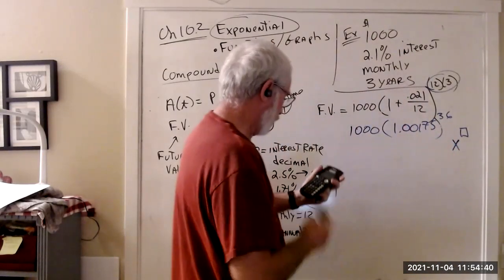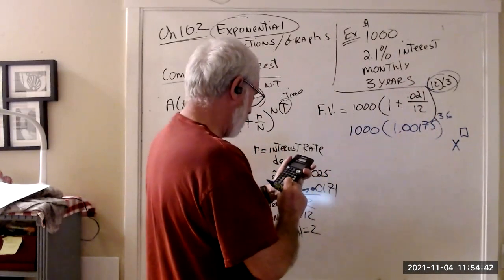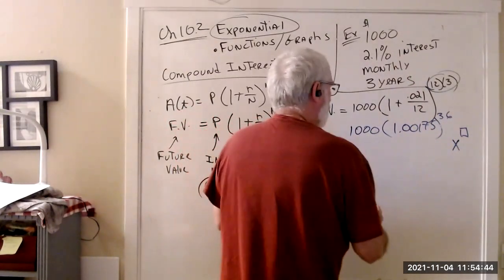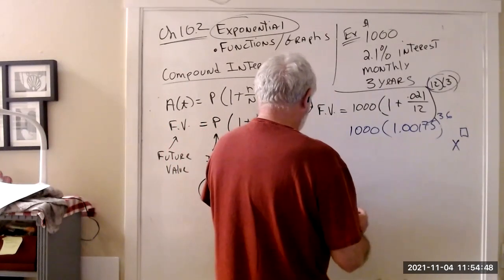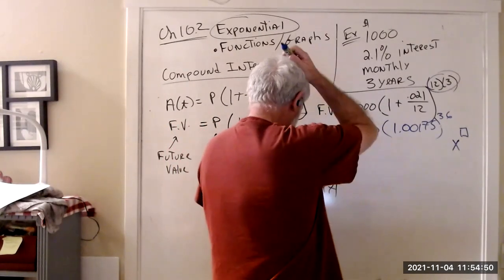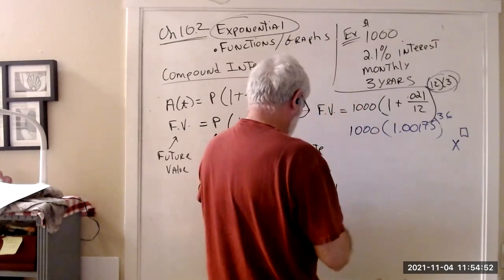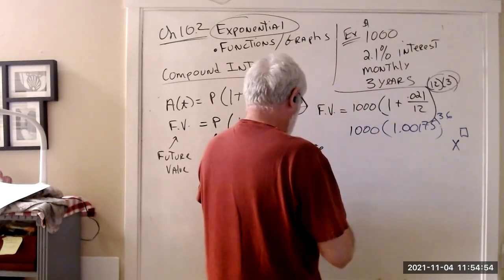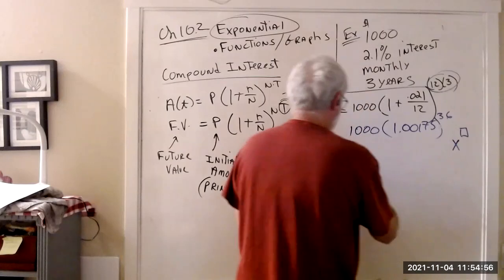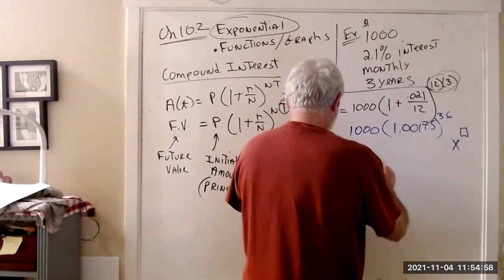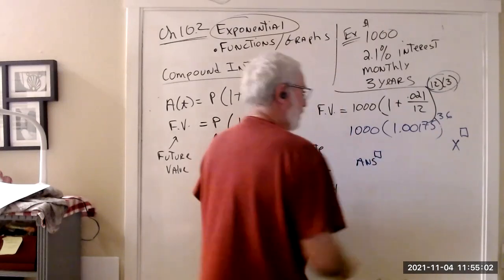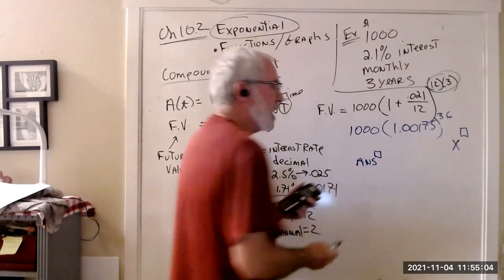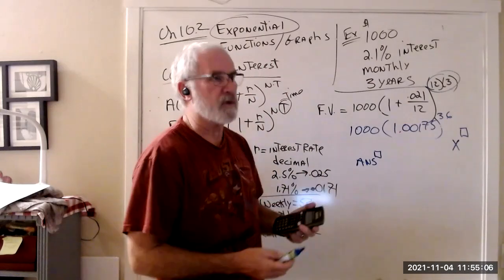There's 2 ways of doing this. If you push X to the box, it'll say answer box on your calculator. If you push that button on the TI, other calculators have something very similar to this.